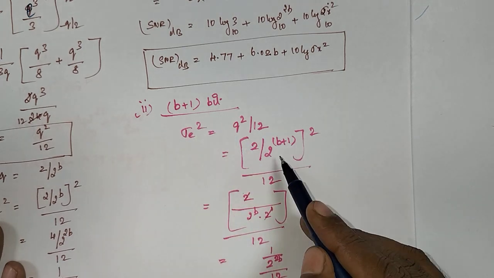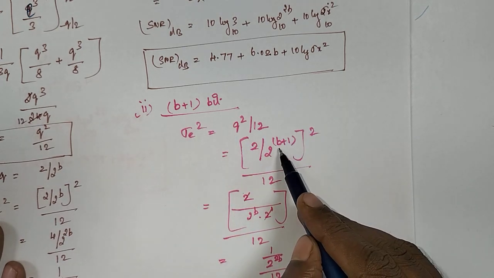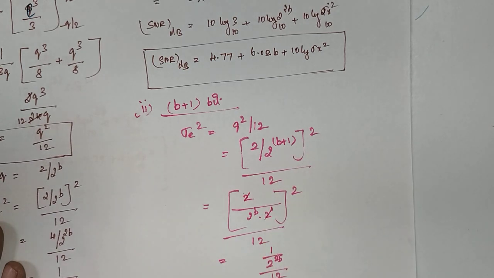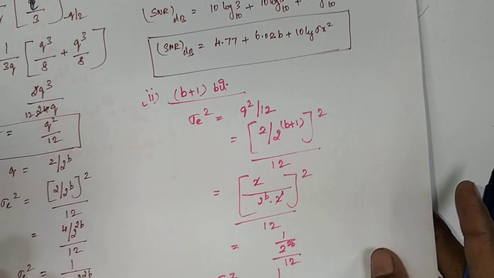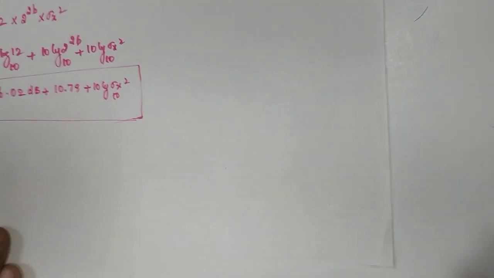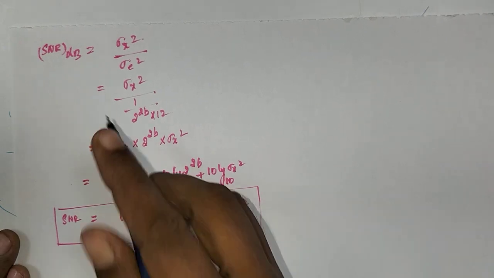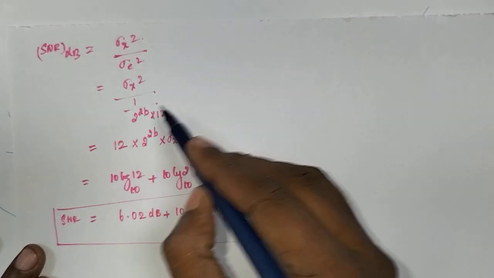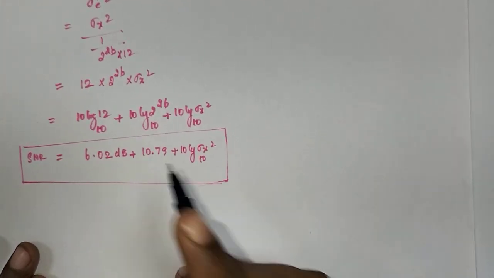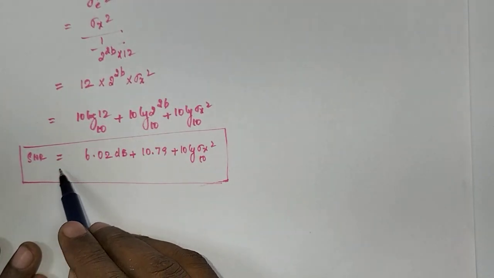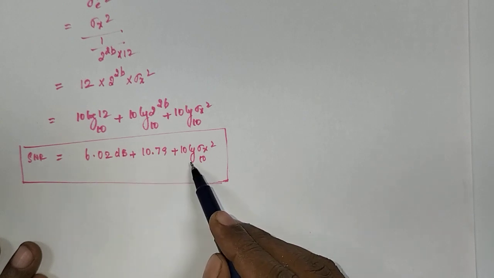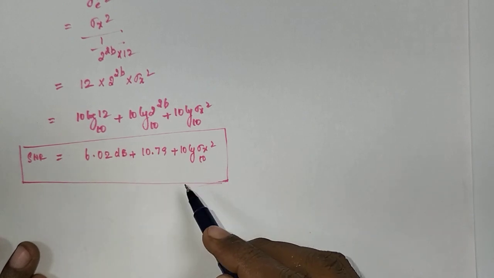For b plus 1 bit, with 2 power b plus 1 squared, the same process, my quantization error is 1 by 2 power 2b into 12. Then the signal to noise ratio in dB, taking the value in logarithmic scale, is 6.0 dB plus 10.79 plus 10 into log sigma x square.